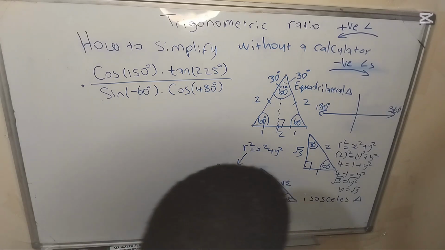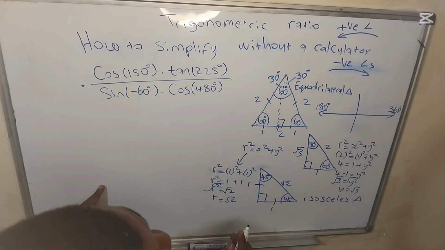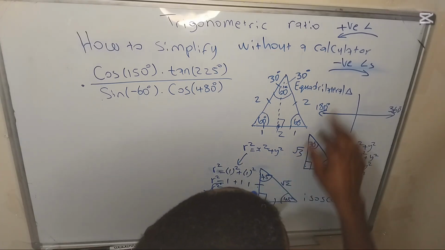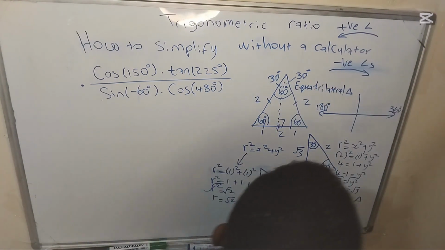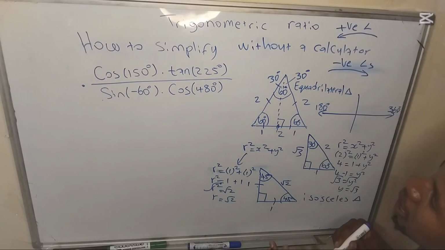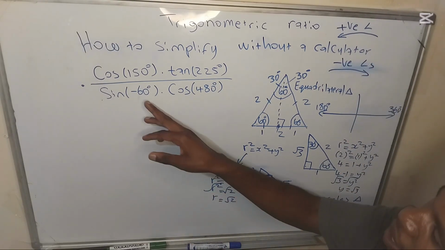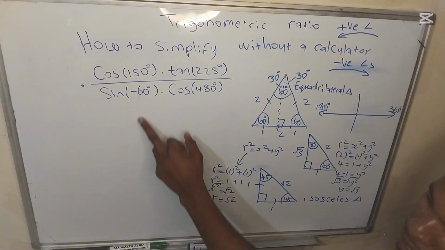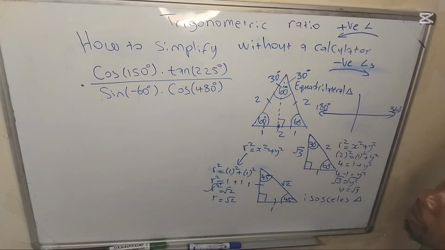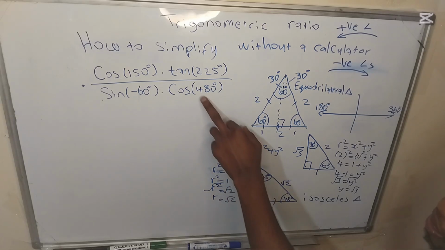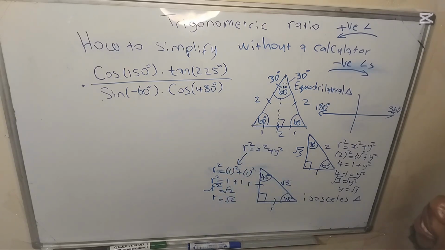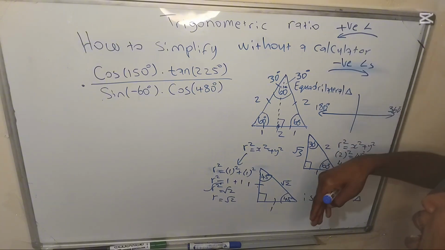I've said to you guys, positive angles go anti-clockwise, but negative angles go clockwise. Let me make an example about this. Because this angle is equal to negative 60 degrees, it means that this angle will move clockwise, but this angle is 480 degrees, so this angle will move anti-clockwise, not clockwise.